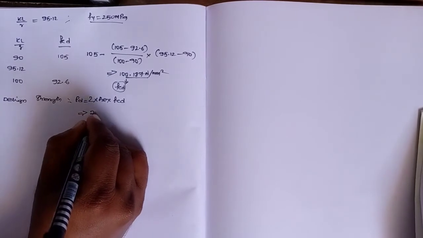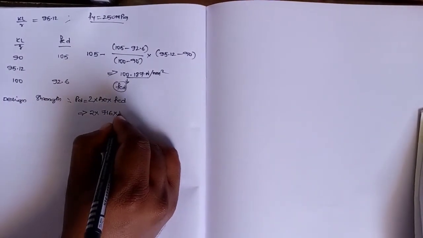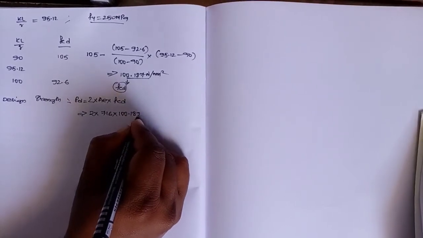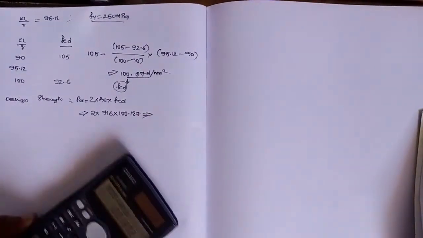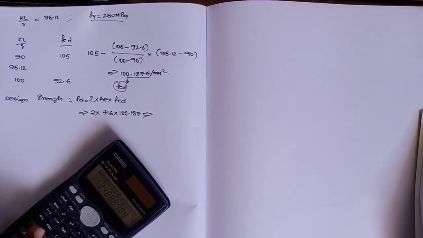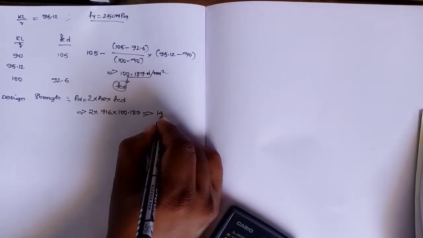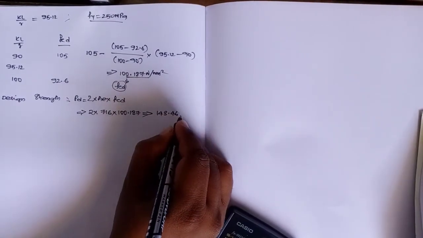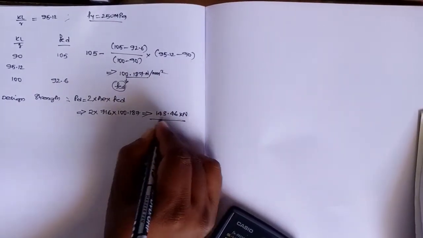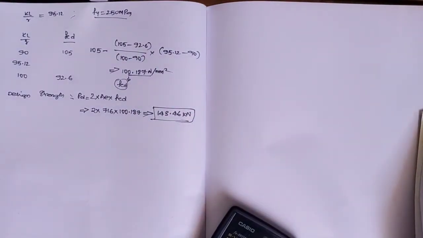So 2 into AE 1716 into FCD 100.187. So how much is it? 143.46 kilonewtons. So this is the maximum strength it can take. Okay, this is double angle connected on same side of gusset plate.